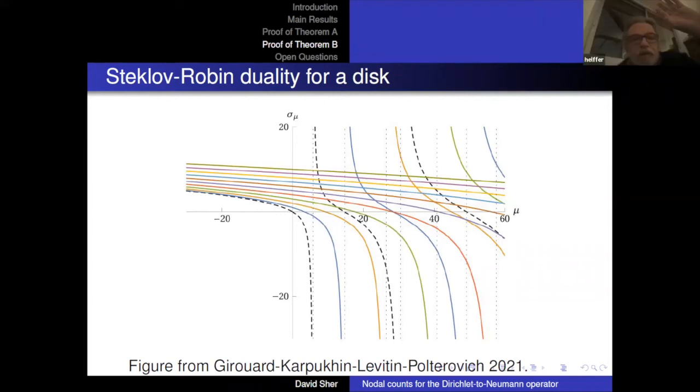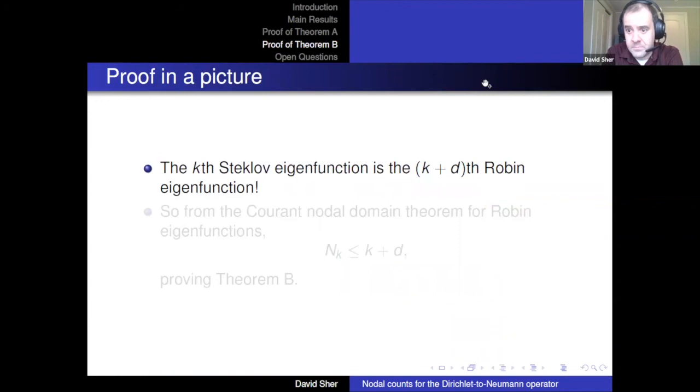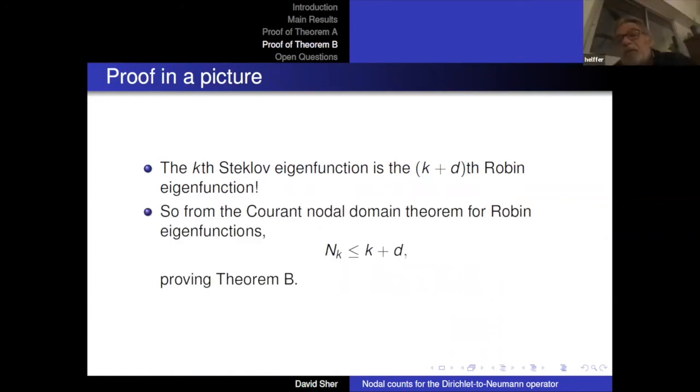I have a question. When I look at your proof of Theorem B, at the end you use the standard Courant theorem. But can you use Pleijel there? Once you have the labeling K plus D, you then use the standard Courant theorem.